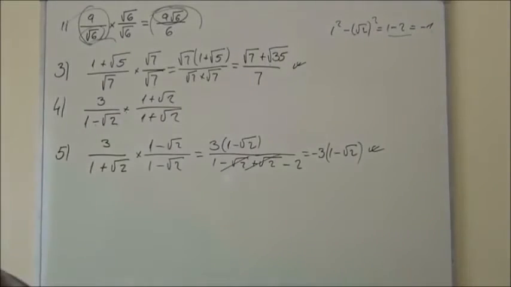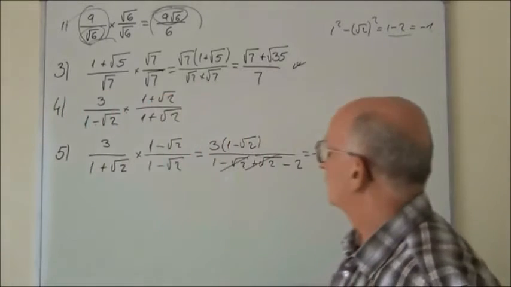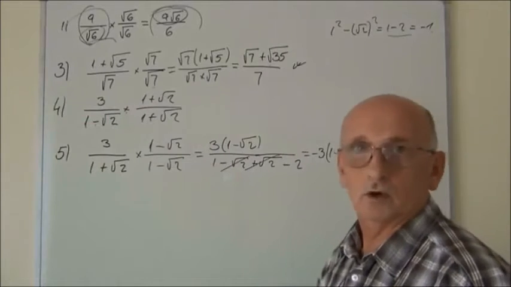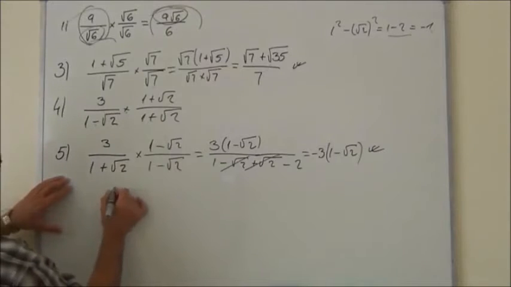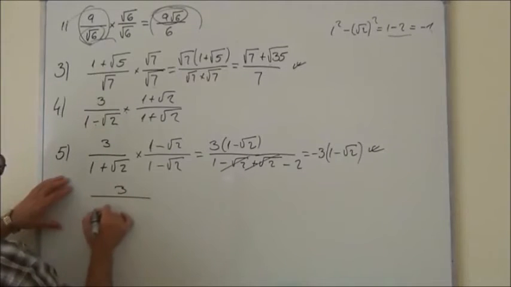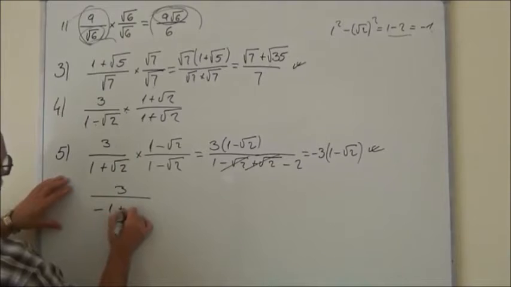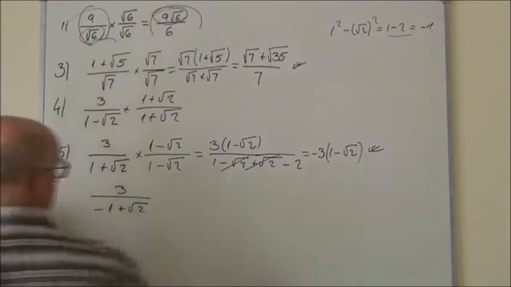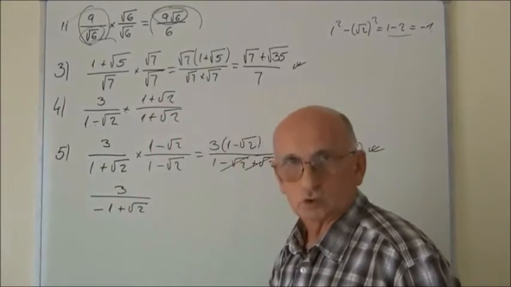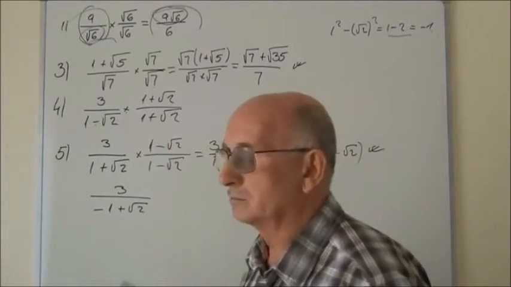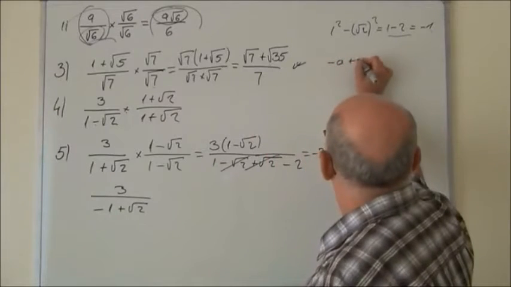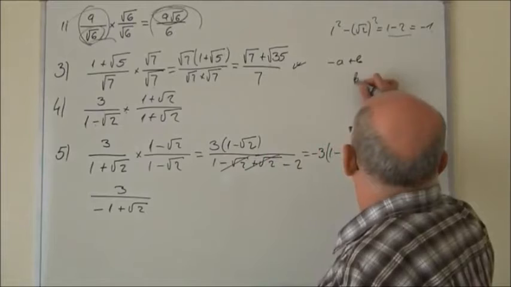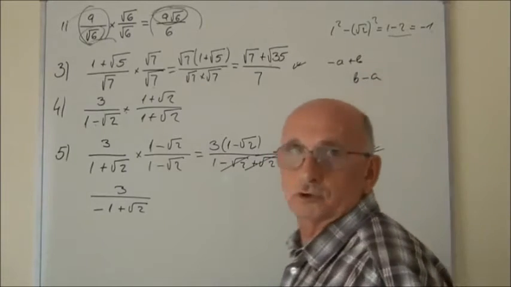Sometimes you may have a situation like this, for example, 3 over minus 1 plus root 2. Don't get confused. That would be exactly the same: if you have minus a plus b, you can write it as b minus a, why not?